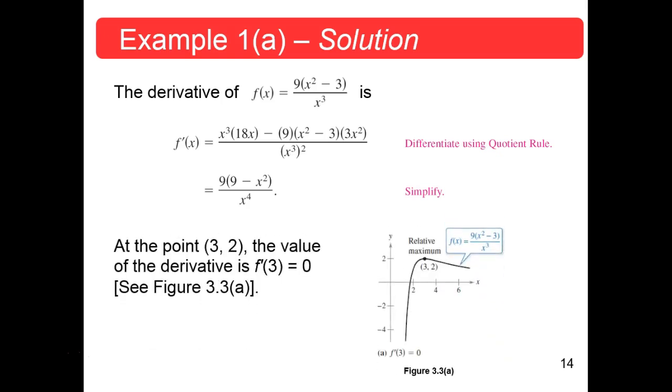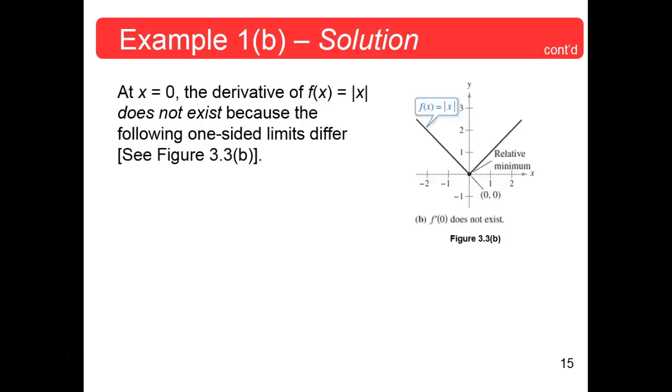At the point 3,2, which they told us was your relative maximum, the value of the derivative is f prime at the x value, 3. And when you plug 3 in here, 9 minus 3 squared is 9 minus 9 is 0. No matter what the rest of that's doing, it's 0. Okay? So sure enough, your first derivative is 0 at the maximum point.